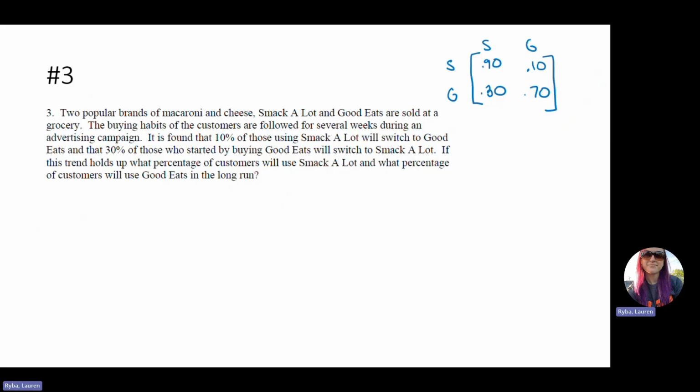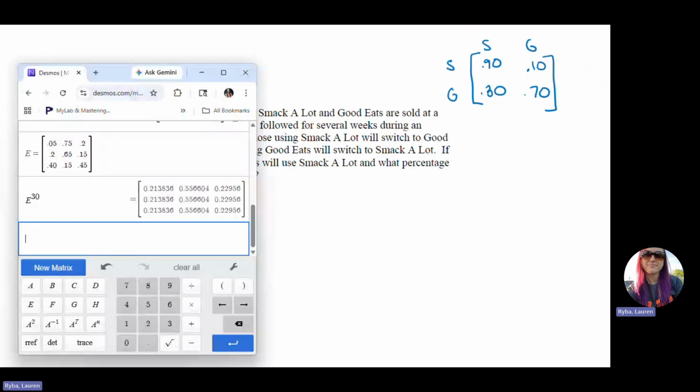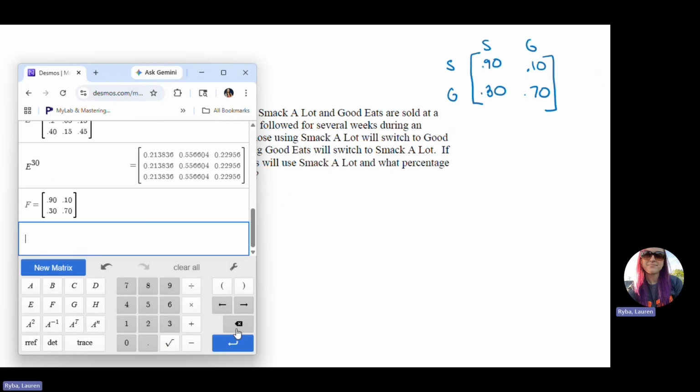If the trends hold up, what percentage of customers will use Smack-A-Lot and what percentage of customers will use Good Eats in the long run? As long as we can create our transition matrix, we can then take it to a power. So let's see, 0.90, 0.10, 0.30, 0.70. Again, I always like to default just to 30 because I feel like that's generally high enough.